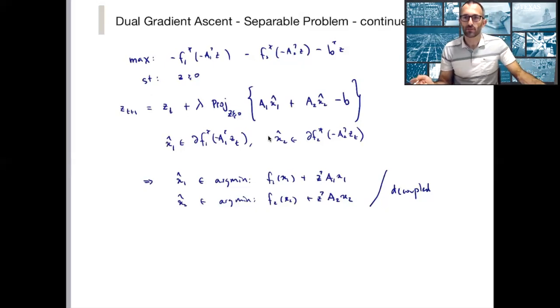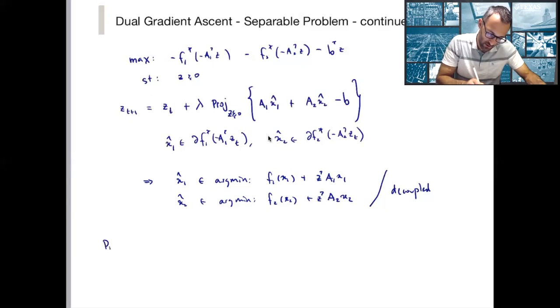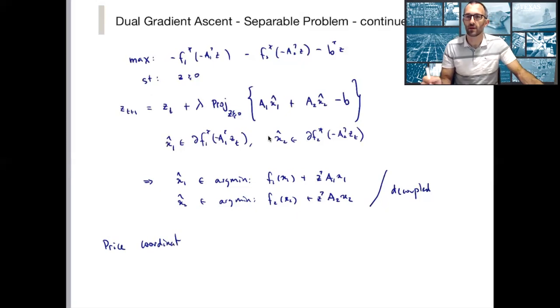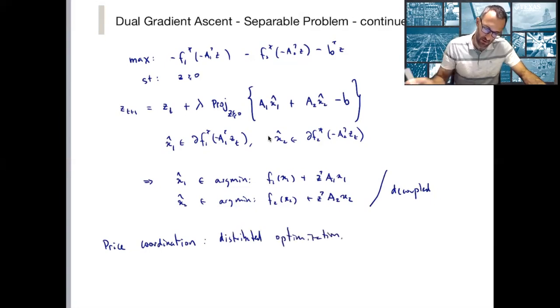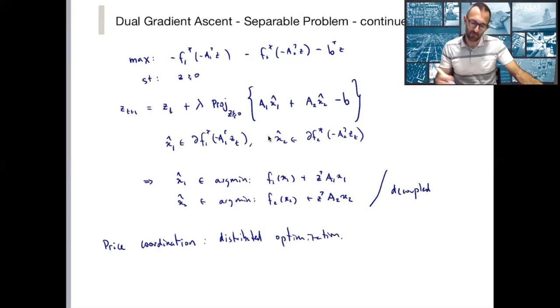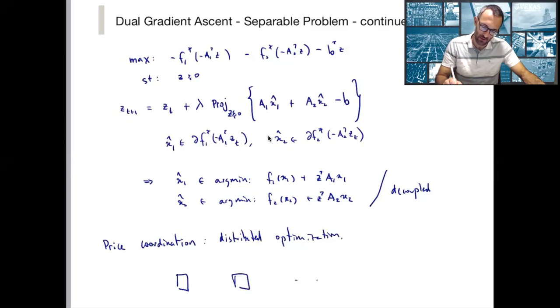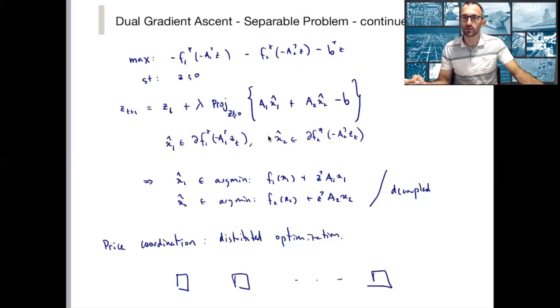This has another very convenient interpretation as price coordination, and it is the basis of many distributed optimization algorithms. The idea is simple. You have agents that need to use a common resource.